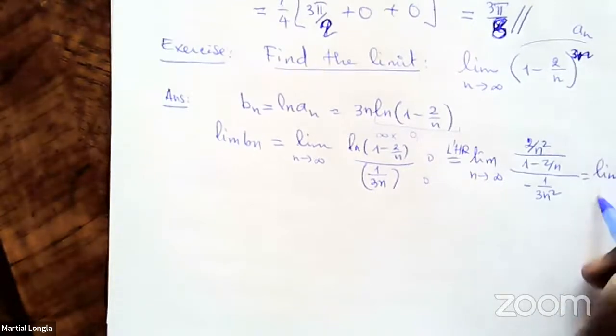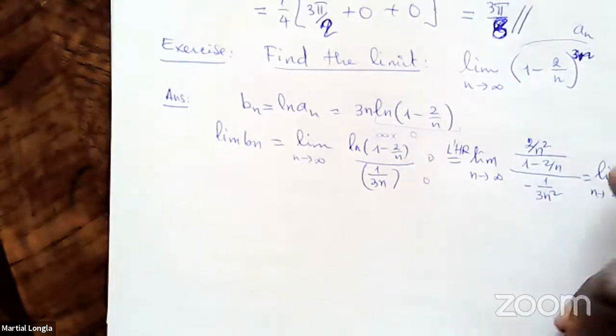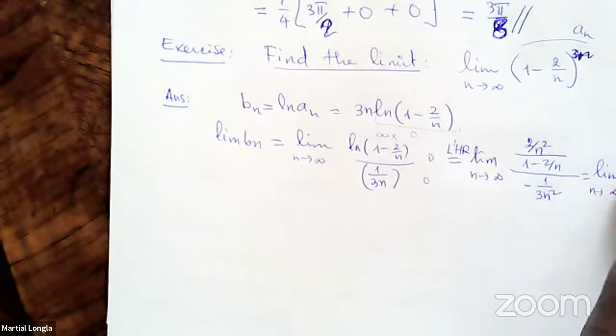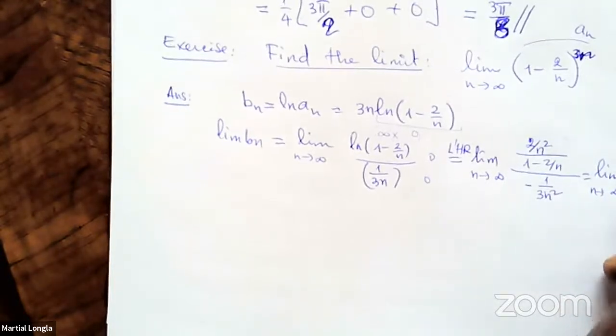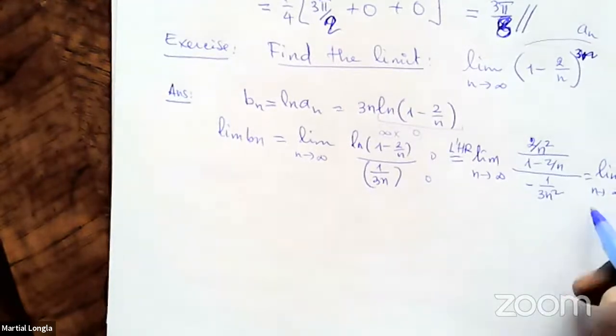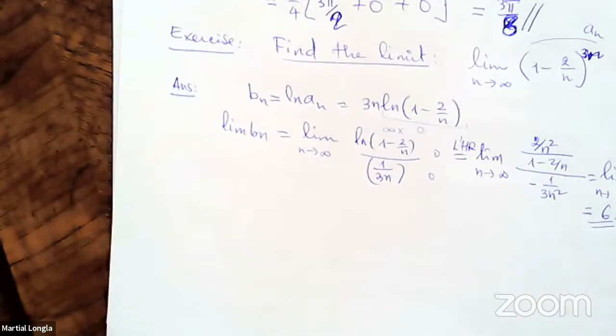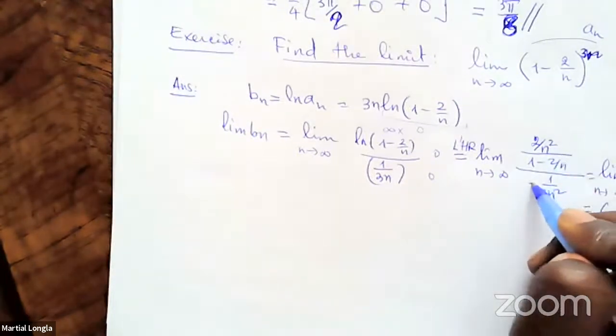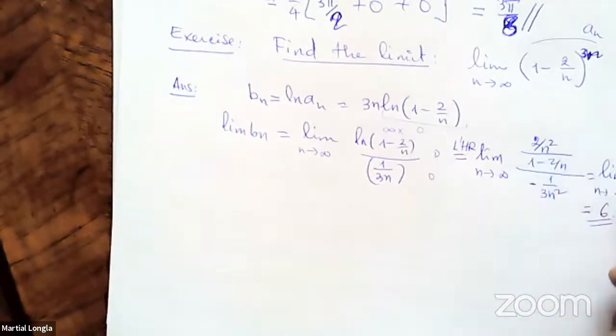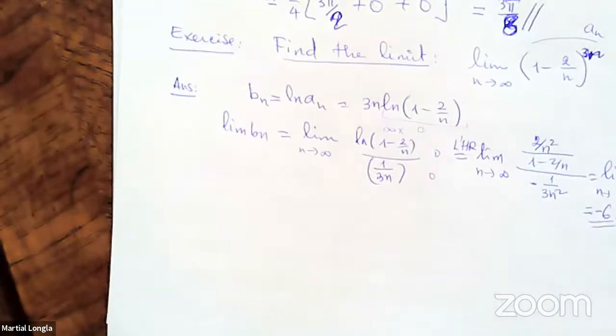And now that's going to be 6 over 1 minus 2 over n. And that limit is 6. And I'm losing this minus. So minus 6, and that limit is minus 6.